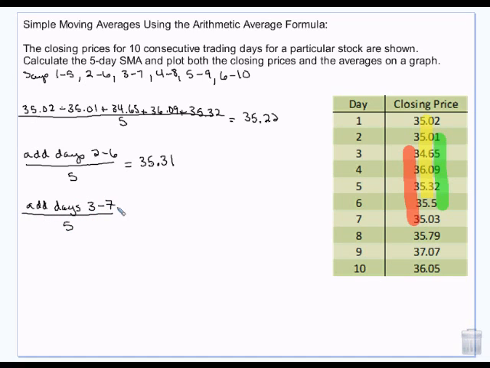I'm going to divide it by 5, and I get 3532. Then I'm going to do days 4 through 8. Divide by 5, and that gives me 3555.